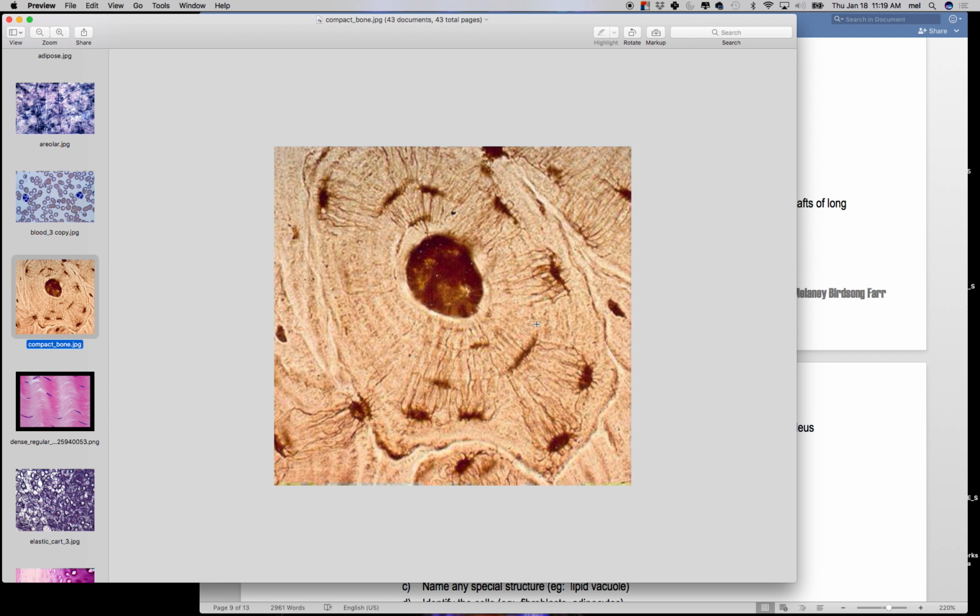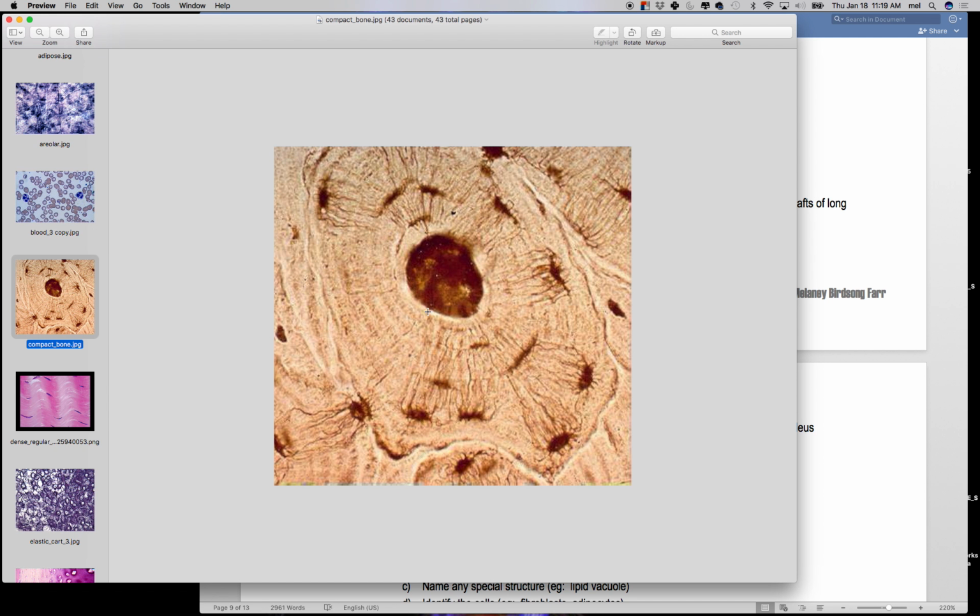Yes? And even if you can't see it, they have to have a place to sit in a solid tissue. They sit in a what? Lacuna. They have to sit in a lacuna. Does that make sense? So let's look at this slide for just a second, and then we've got one more thing to add to it.